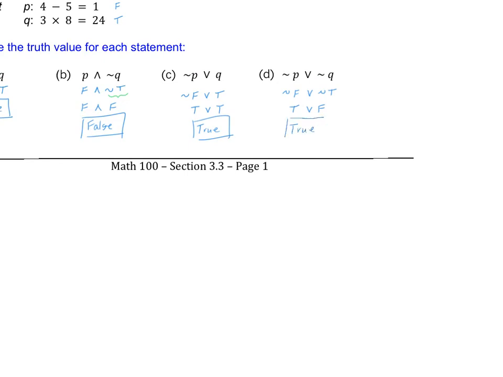So again, if you do know the truth value for your statements P, Q, R, S, and so on, you can always just substitute F for false, T for true into your statement and then simplify till you get down to your simple statements and you can look at your truth table.